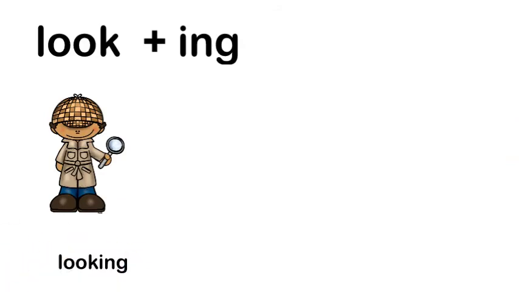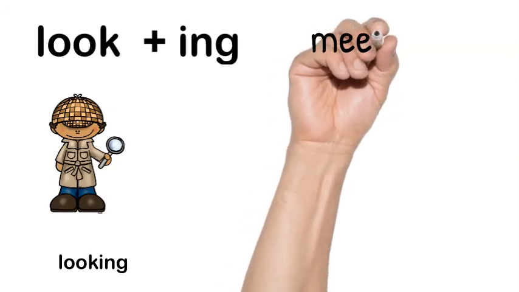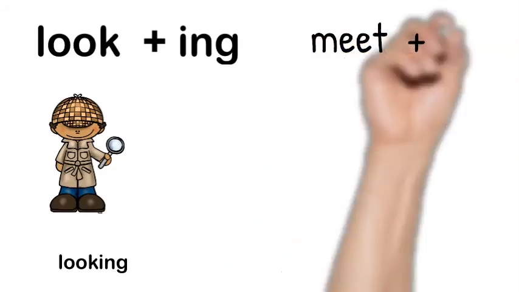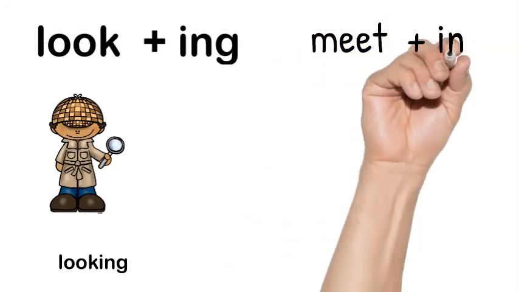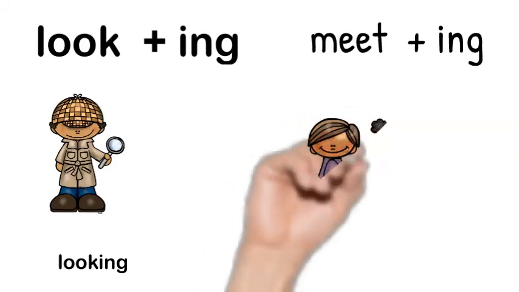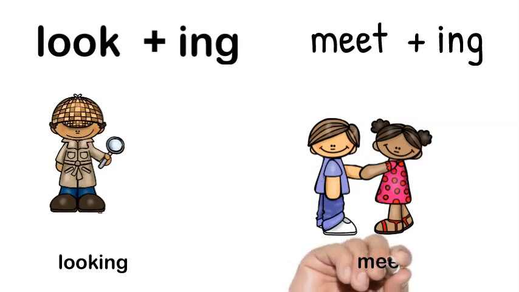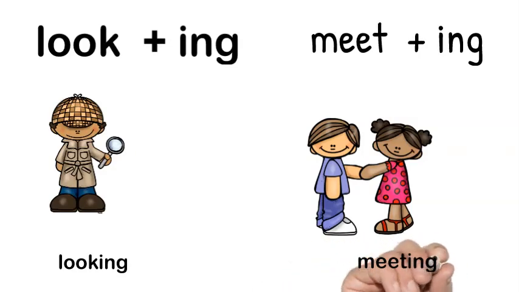So I have looking. Let's try another one. I have the base word meet plus vowel suffix ing. Do I double the T before I add the ing? Do I have one vowel? No, I don't. I have two. It's a vowel team. So I spell it meeting.